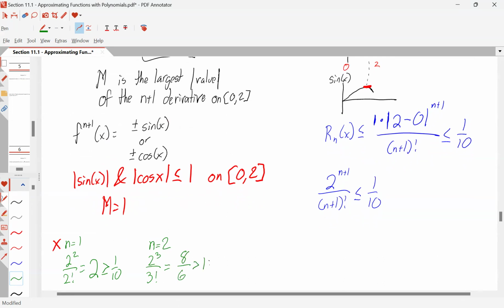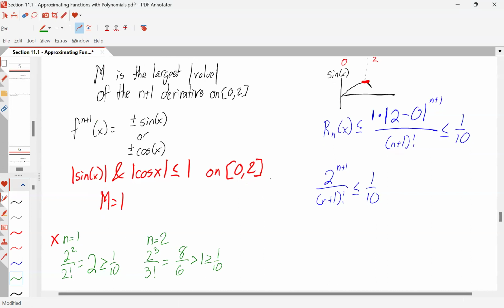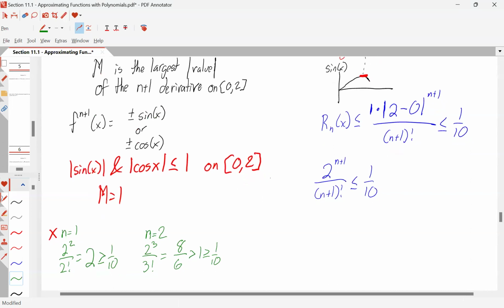This is bigger than 1, which is bigger than or equal to 1/10. So it's not n equals 2 either. N equals 3, we'll have 2 to the 4th over 4 factorial, which is 16 over 24. This is bigger than a half, which is bigger than 1/10. So it's not n equals 3.